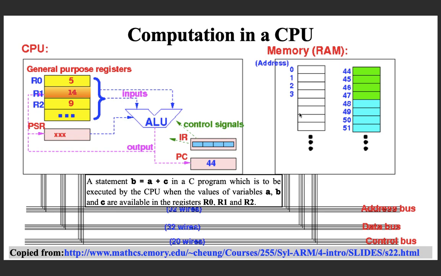Okay, so before performing the execution of an instruction, the system should first copy the values of the variables from the memory into the microprocessor or CPU registers. Okay, only after that it can perform its operation.